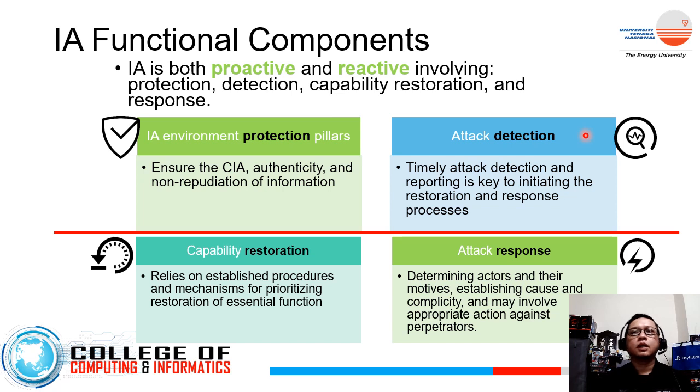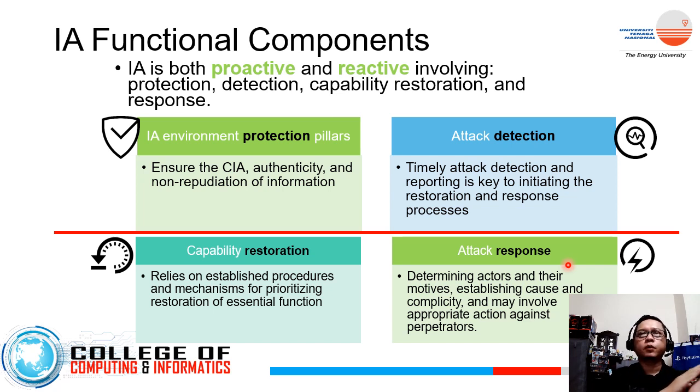And the second portion of the components is the capability of restoration. How many backups do you have, for example? And how do you respond to an attack? Can you identify the actors or the threat that comes? What are the motives, what are the causes? And what will be the implication to your organization?